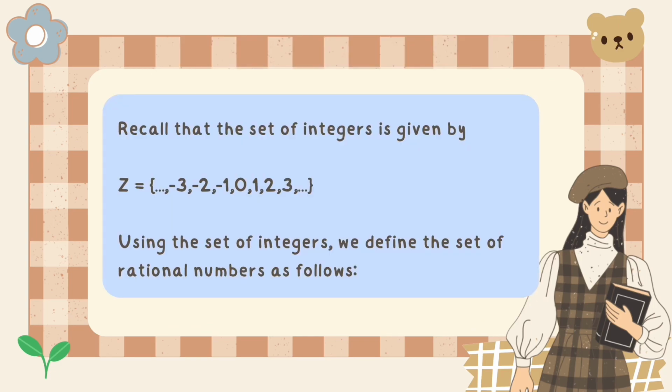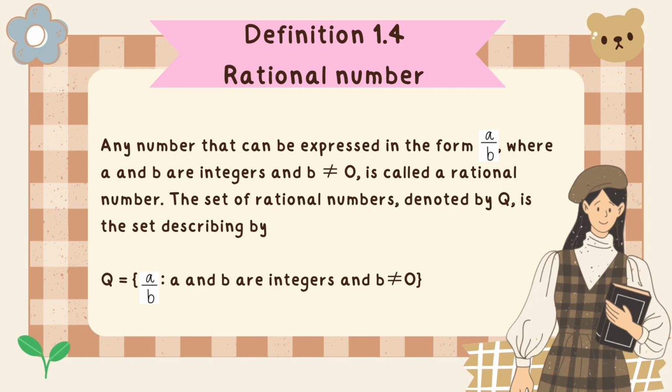Recall that the set of integers is given by ..., -3, -2, -1, 0, 1, 2, 3, ... Using the set of integers, we define the set of rational numbers as follows. Definition 1.4. Rational number.